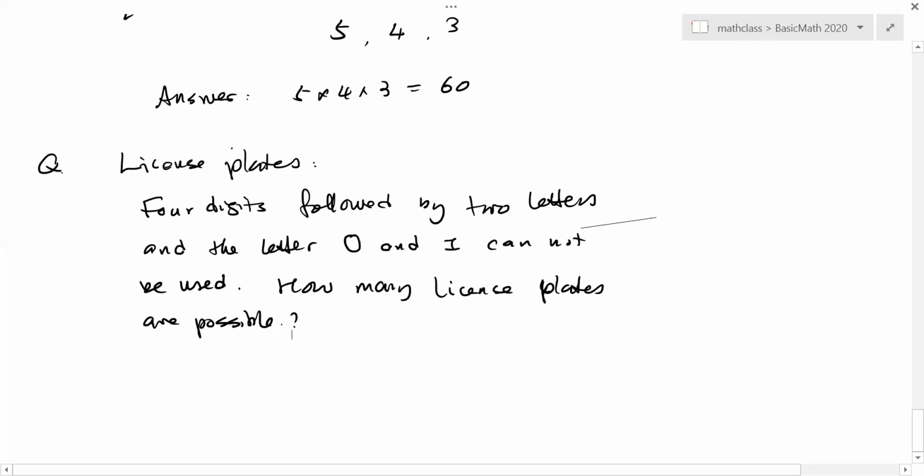So a typical license plate is going to be like 2000 AB, for example. The letters O and I cannot be used.